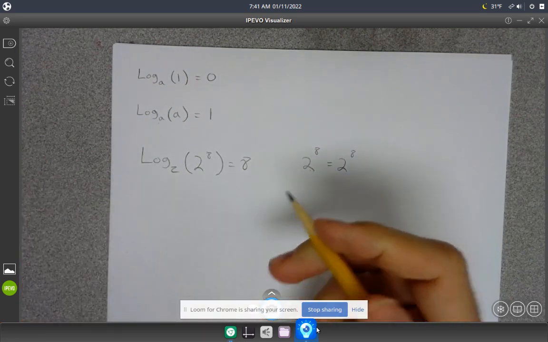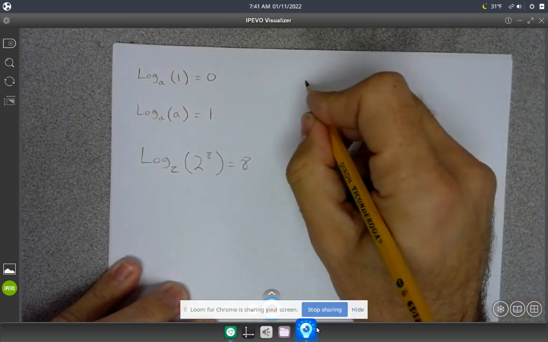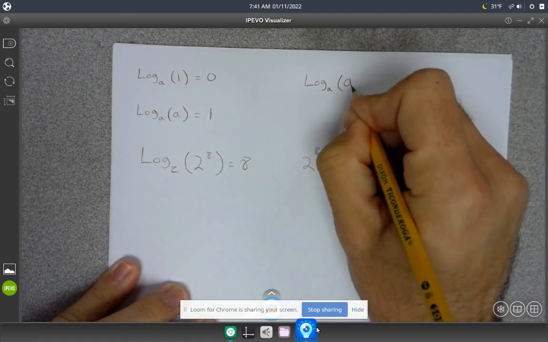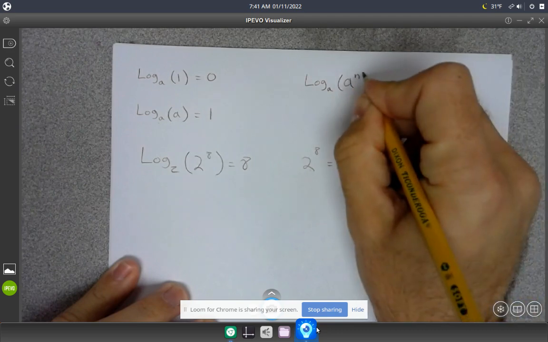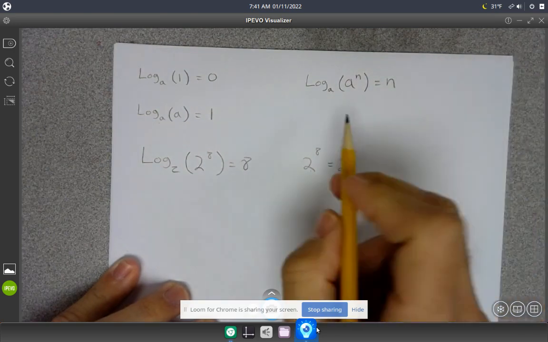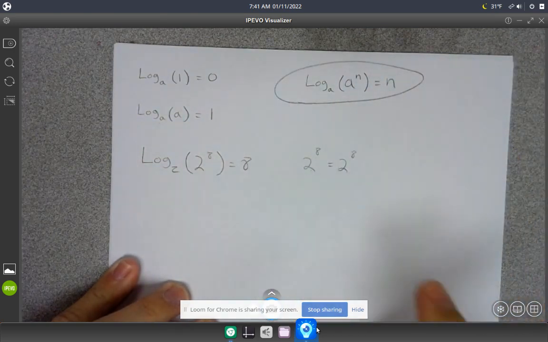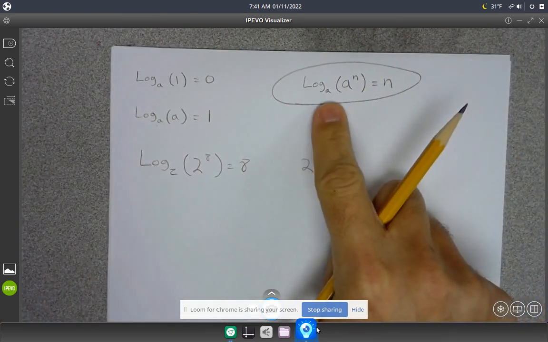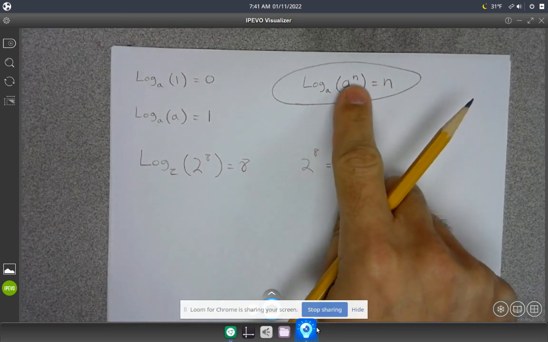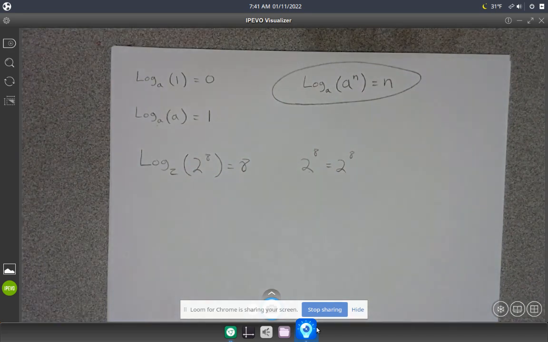In general, the formula for it would be log base anything of anything to the nth power is just going to equal n, right? So anytime that your bases are the same, they kind of just cancel each other out, and you're left with whatever the exponent was that you had started with.